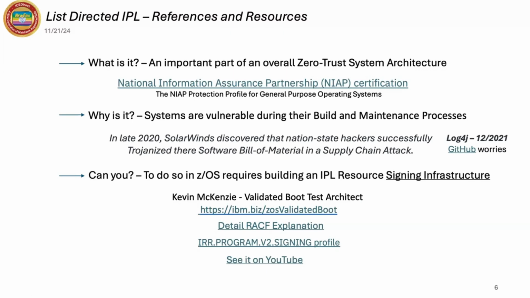And it's that report that we used as the starting point for the building of validated boot. These other links detail RACF explanation and an understanding of the facility class profile IRR program V2 signing are also critically important to understanding this in detail.